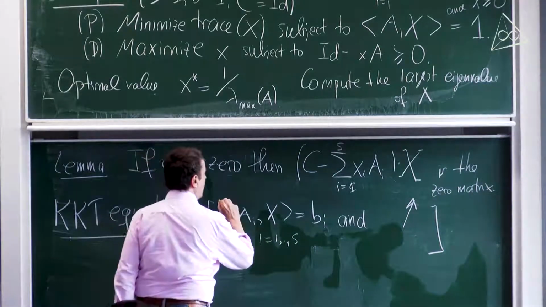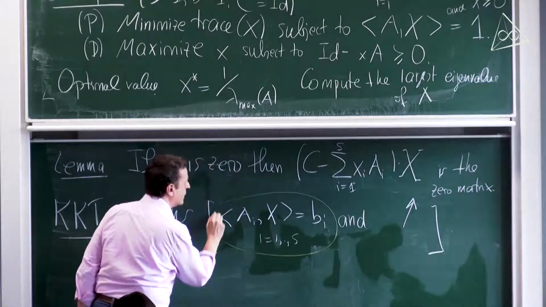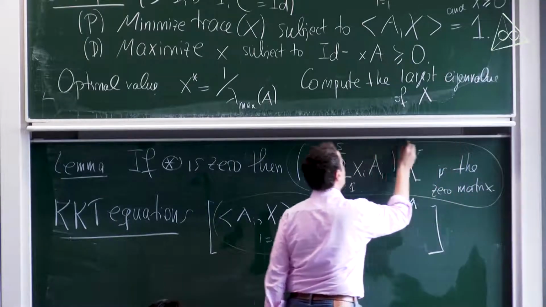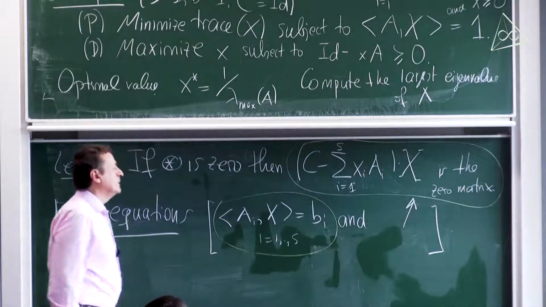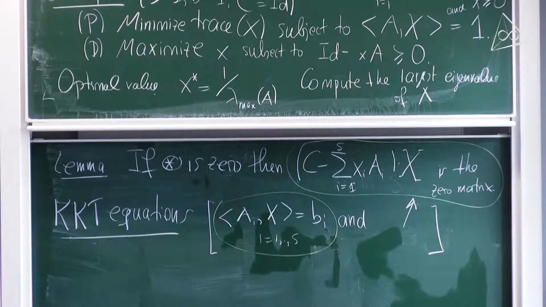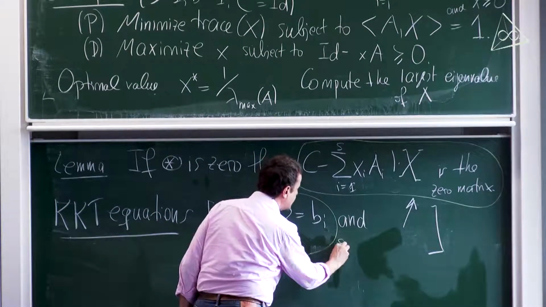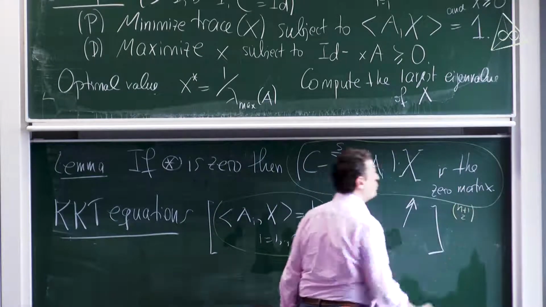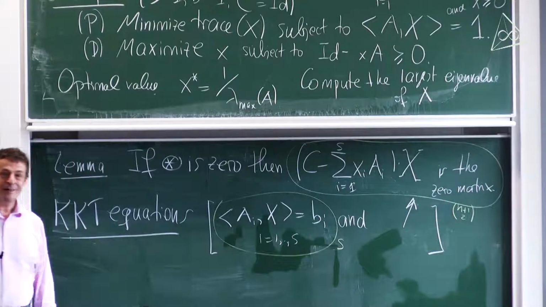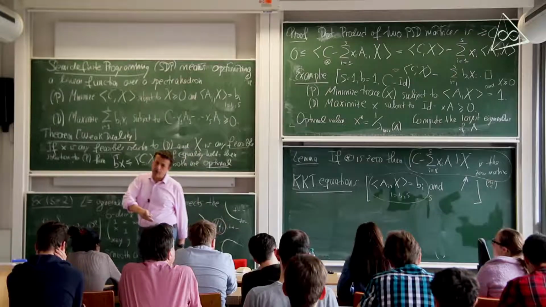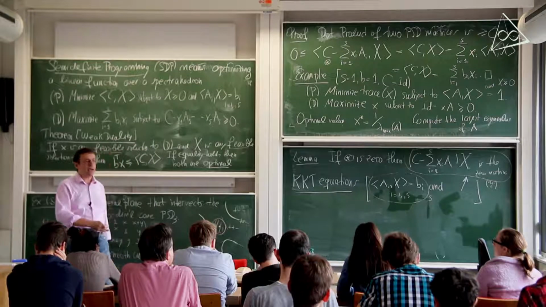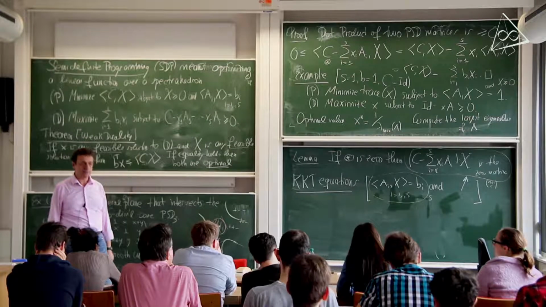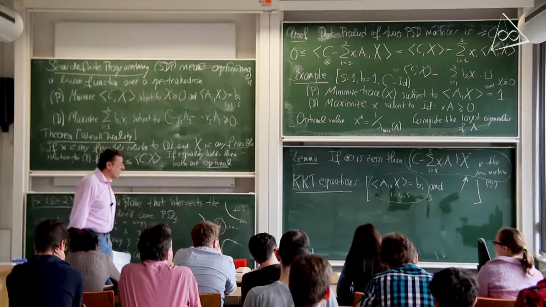So I have s linear equations, and I have n plus 1 choose 2 bilinear equations. These are quadratic equations. Here I have s equations that are linear. Here I have n plus 1 choose 2 equations that are not linear, but they are bilinear with respect to the unknowns. They're linear in the little x and linear in the big X. So it's a non-linear system of polynomial equations. Now, how many unknowns do I have? Same number, right?